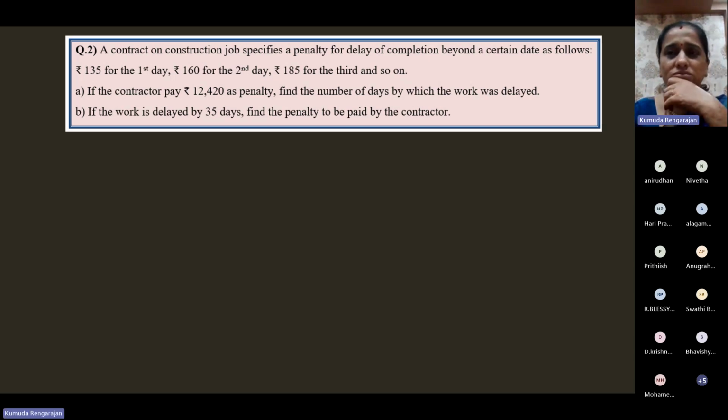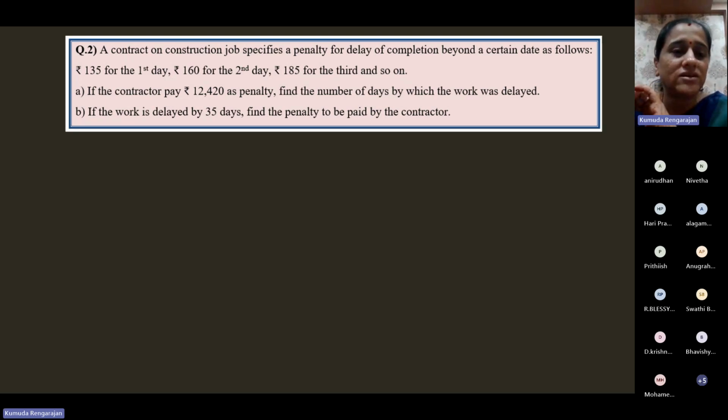Because with a long break, I just want to clarify that. This is a new question, right? Yes, ma'am. Okay, thank you. So a contract on construction job specifies a penalty for delay of completion beyond a certain date as follows.